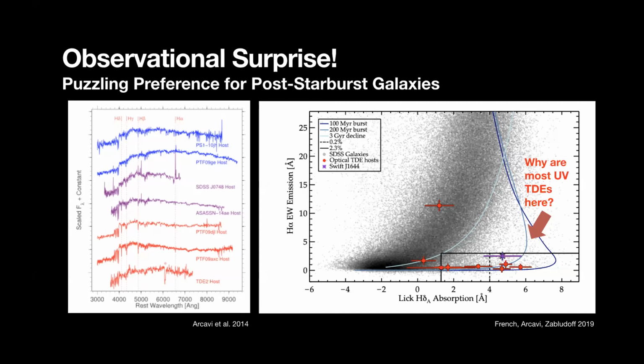Why are all TDEs concentrated in that part of phase space, which belongs to post-starburst galaxies? There are several ideas, but the more events we find, the more we can quantify this preference and maybe understand it better. So just another reason to want to find more events.